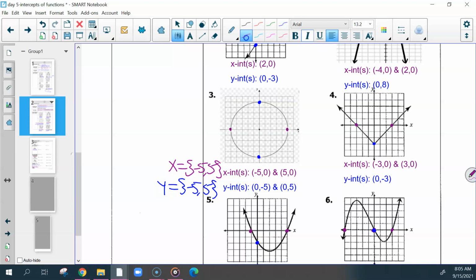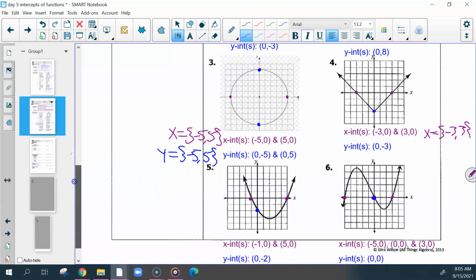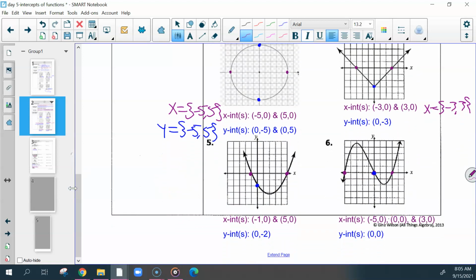Number 4 should have had 2 x-intercepts, -3 and 3. Five should have had 2 x-intercepts as well, 1 and 5. So you can have as many x-intercepts as it'll allow.